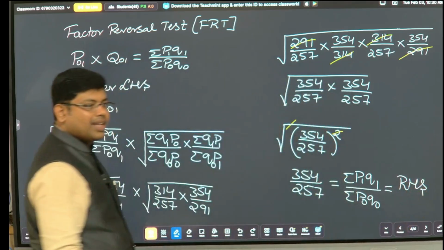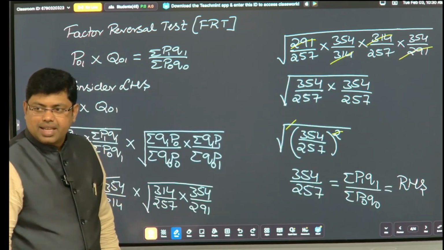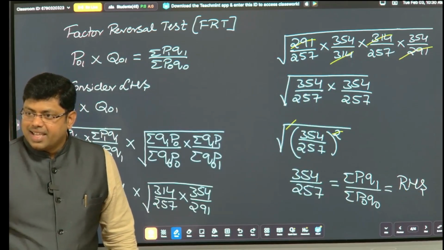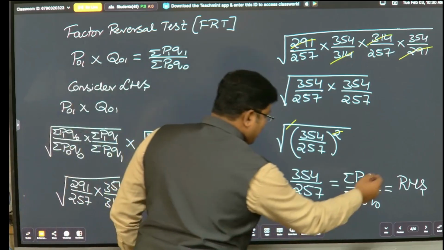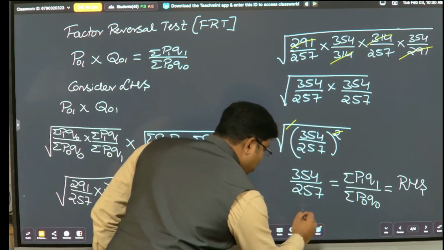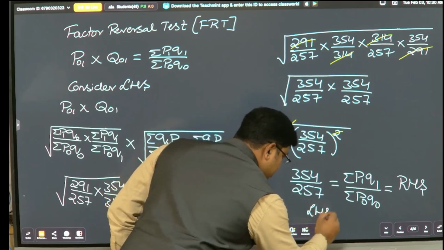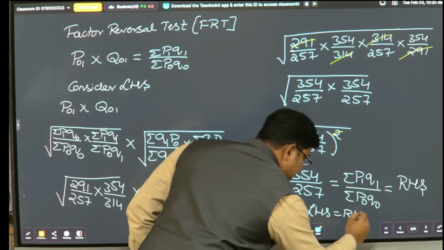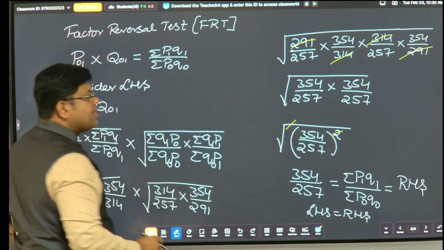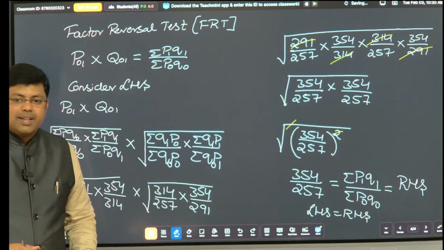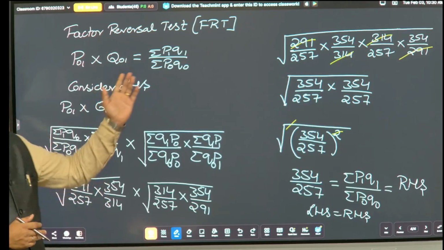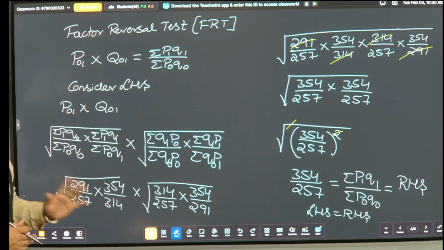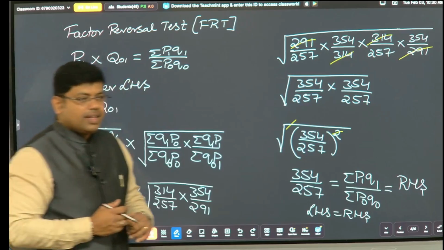Any doubt here? Now, LHS is equal to RHS, and you should write down the conclusion as Fisher's index number satisfies even FRT. Simple. Done. Clear?